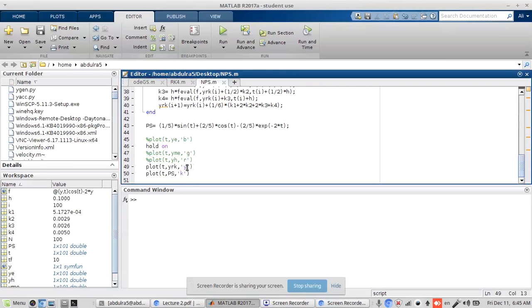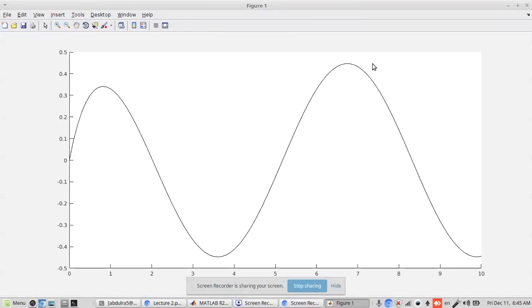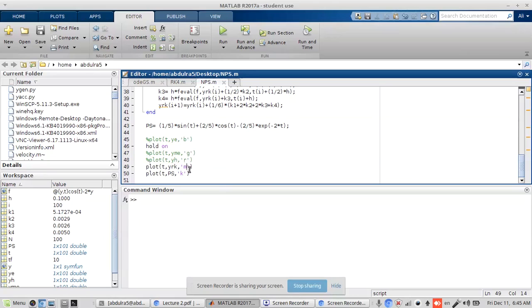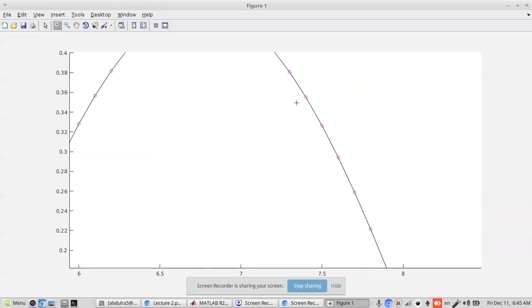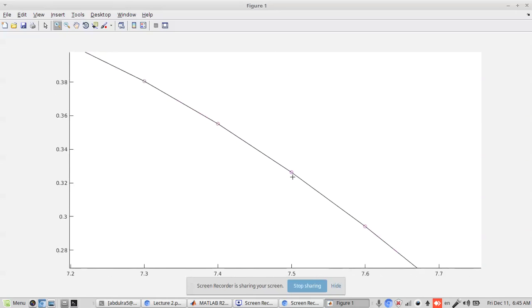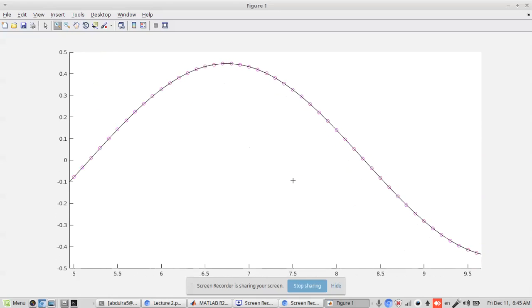Let's make it more distinguished. Another color. Let's see. Yes. See, so the differences between the approximate solution and the exact solution are very small if I am using Runge-Kutta.